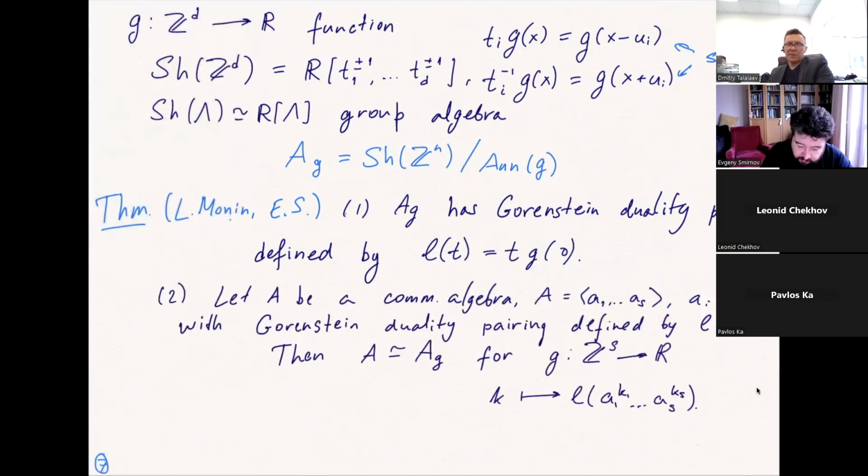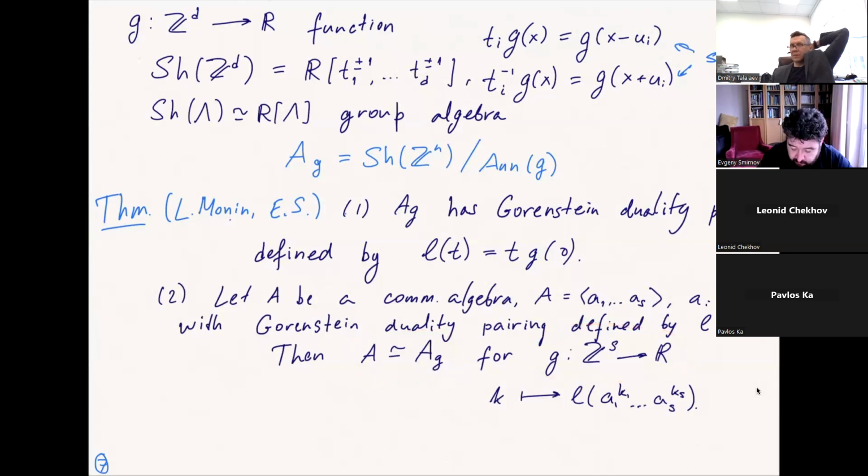So I'm going to put just A here. With the Gorenstein duality pairing, this algebra is isomorphic to the algebra of shifts for the following function.